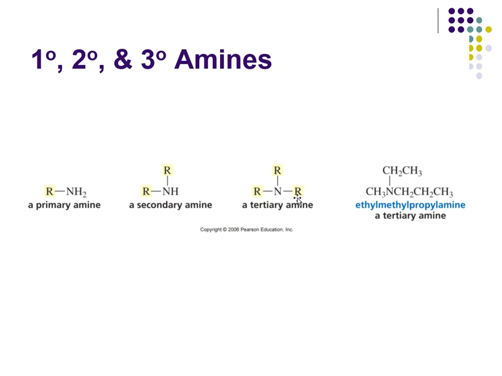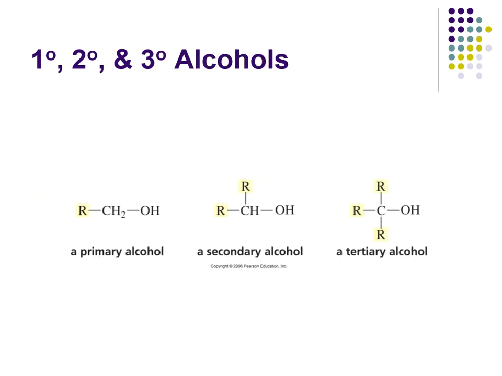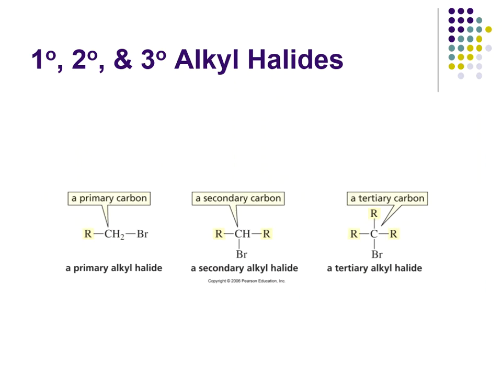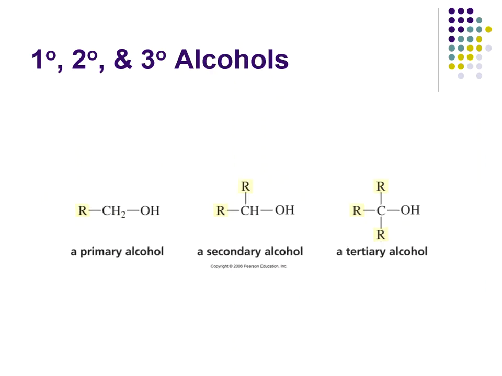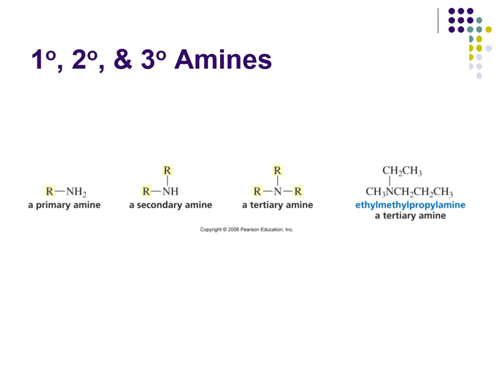So once more, these types of questions are very common in Blackboard, very common on my test. You will see OH groups, or amine groups, or halogen groups, and I will ask, what are these? Are these primary? Are these secondary? Are these tertiary? If you look over here to the right-hand side, they give you an example.